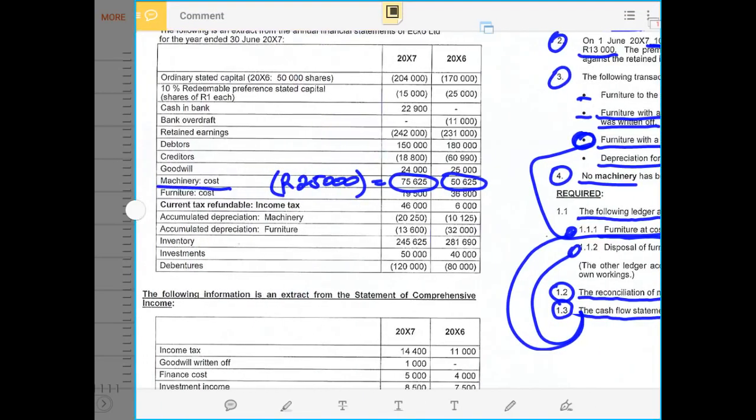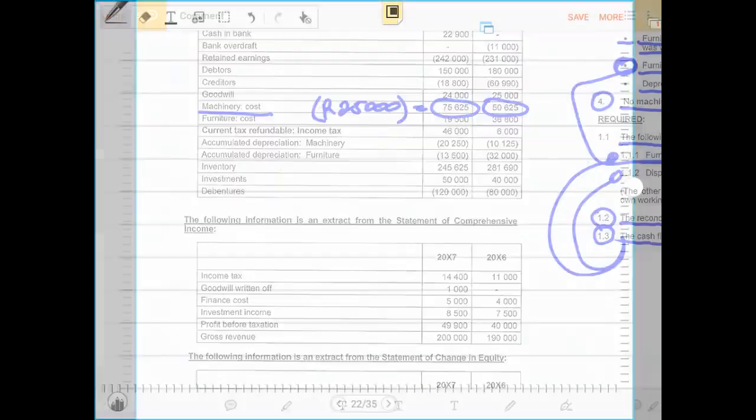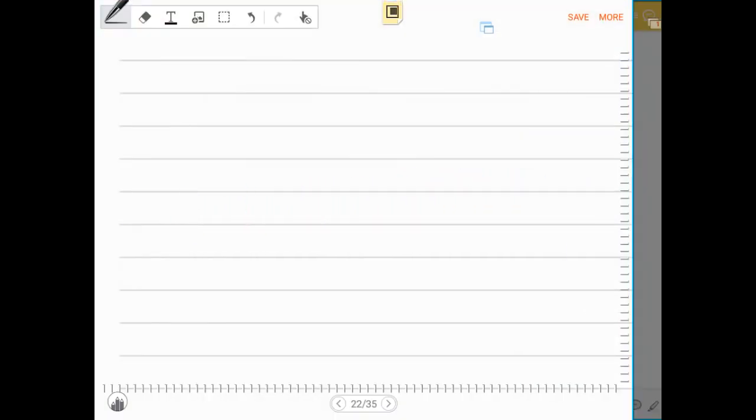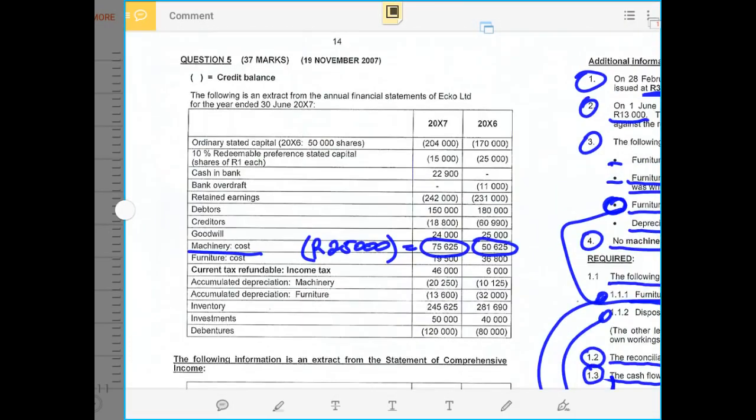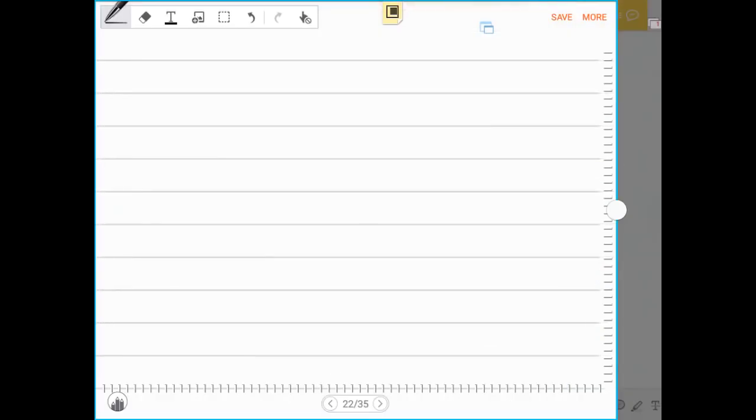So now let us start with the reconciliation note of profit before tax with cash generated from operation. And this was question 5 of the November 2007 question paper.